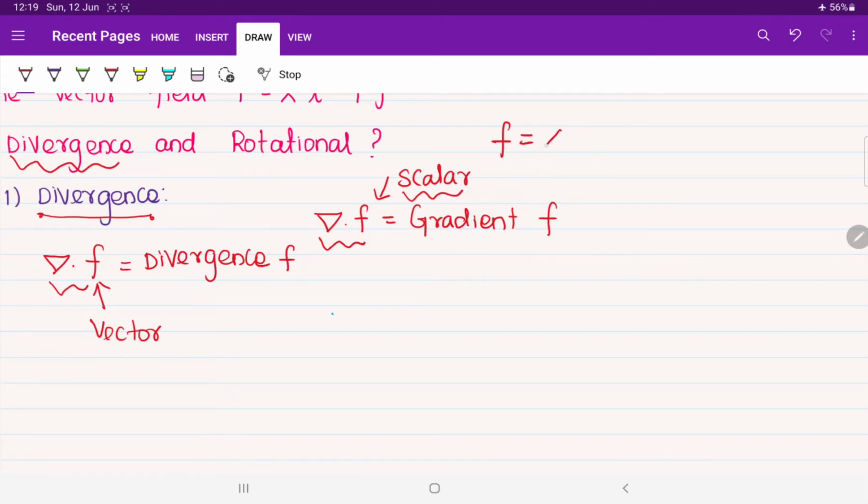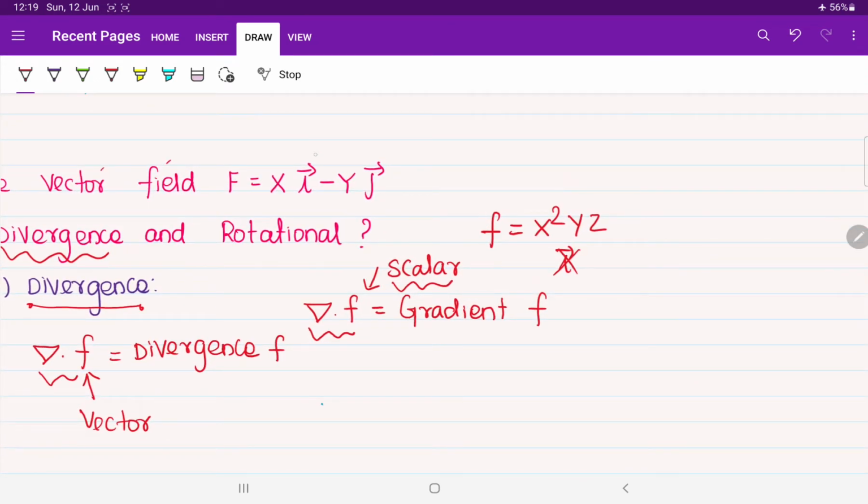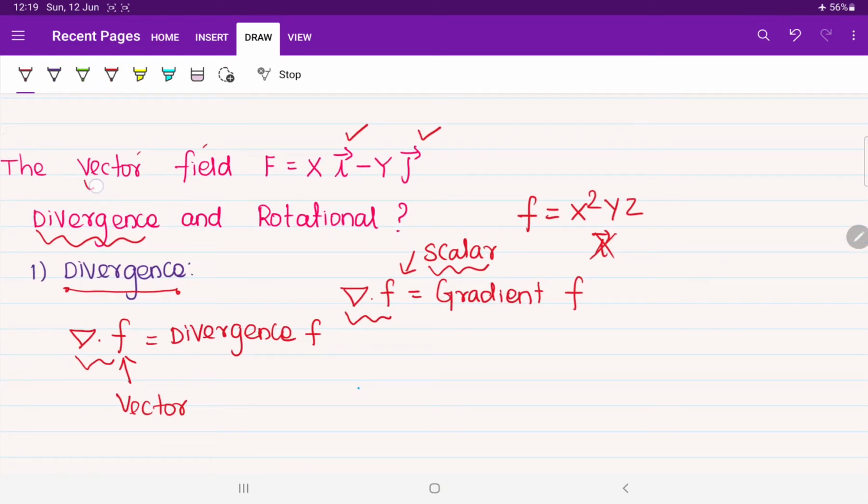It will be simply represented like x square, y z, x y z, but you can't find these terms. I vector, j vector, k vector will not appear because we will be keeping our attention only with the magnitude, that is scalar quantity. Suppose your function is expressed in terms of i, j, k like this, then that function is called vector field. See there, in the question itself they have identified this function as a vector field because it has certain direction, i vector, j vector, k vector.